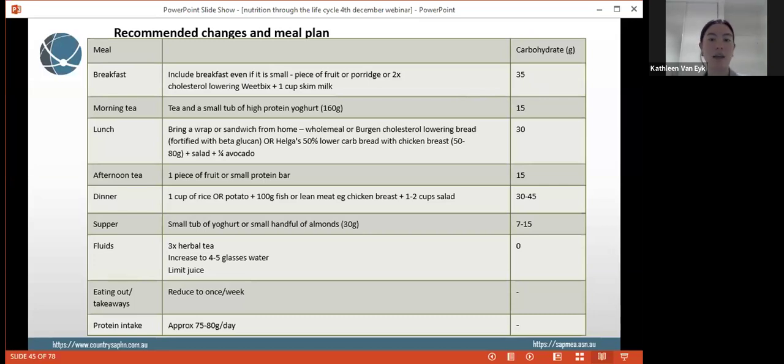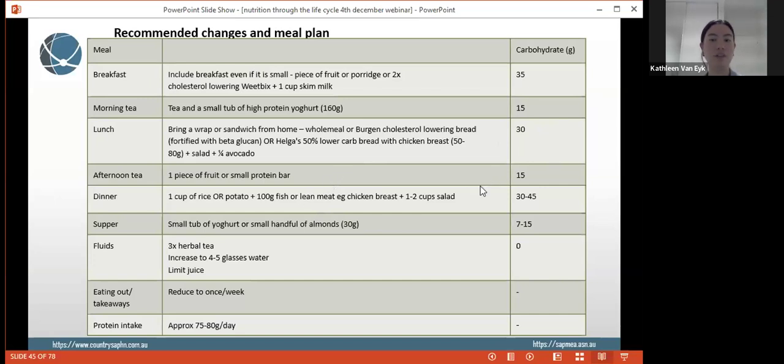And then morning tea, maybe a yogurt, a small tub of high-protein yogurt. Lunch, maybe bringing a wrap from home, using a wholemeal wrap, or maybe that Bergen bread that we looked at before, or the Helga's 50% lower carb bread.